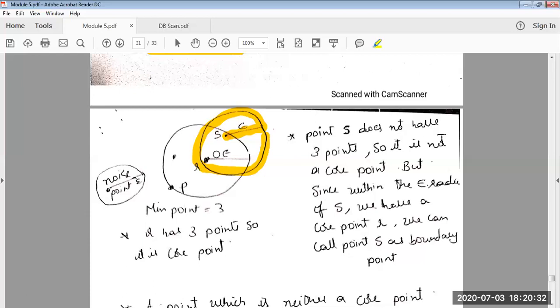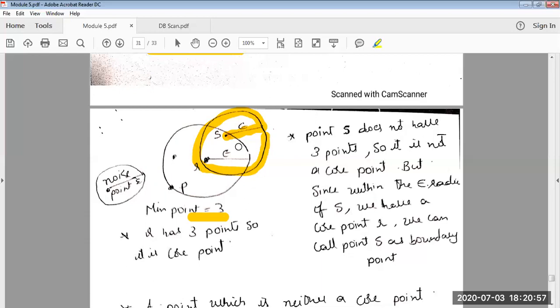What is the reason? The number of points within the circle with S as the center is only 2, but as per our declaration, it should be 3 points. So S does not qualify as a core point. Now, if it is not a core point, then what is the term I need to use for this point S?